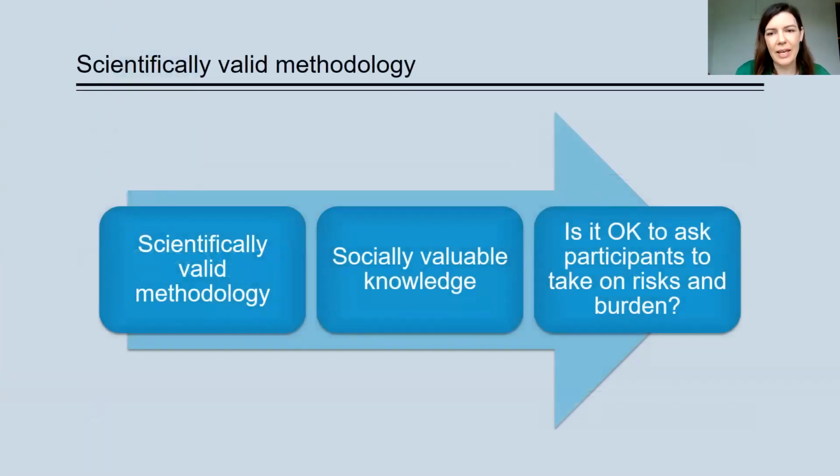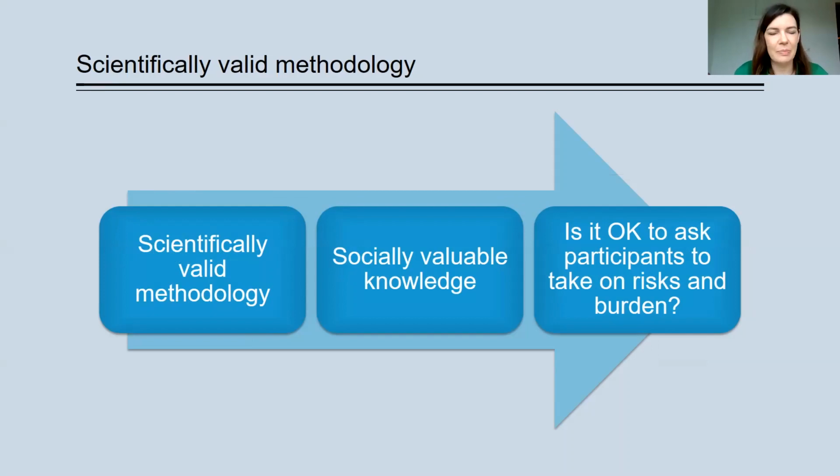So we can start over here at the end of the series of questions by thinking about, when you invite a participant to join your research study, one thing that you should be considering, and certainly the IRB and the Research Ethics Committee will consider, is whether it's legitimate and justified and appropriate for you to ask participants to take on the risks and burdens associated with research participation.